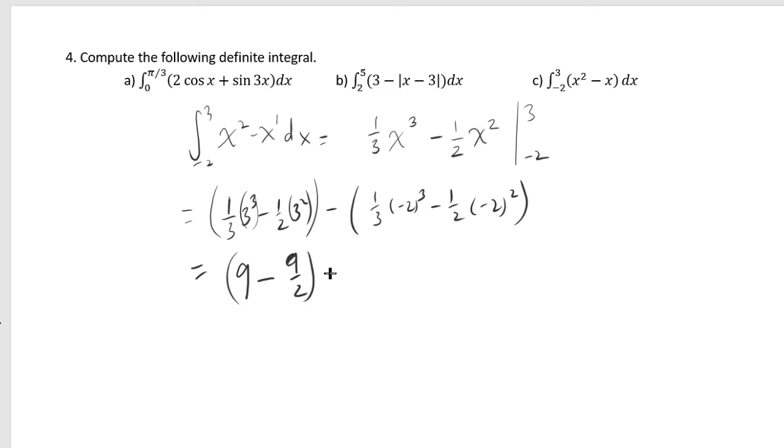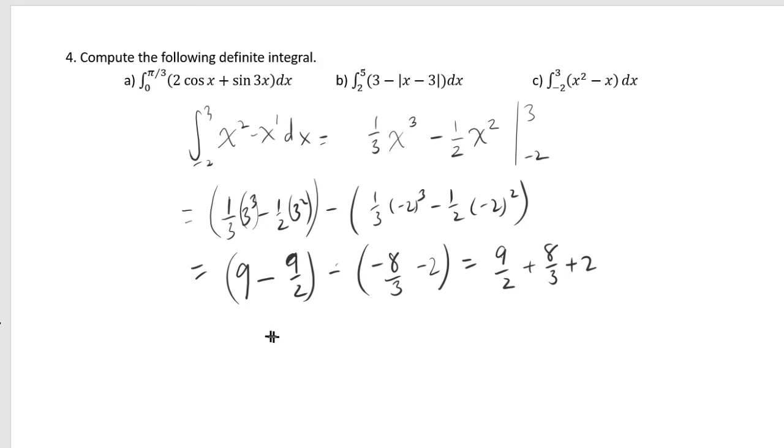Okay, minus, -2 cubed is -8. -2 squared is +4. 4 divided by 2 is 2. So you end up with 9 minus 9/2, which is just 9/2. Minus minus would be plus 8 over 3, plus 2.